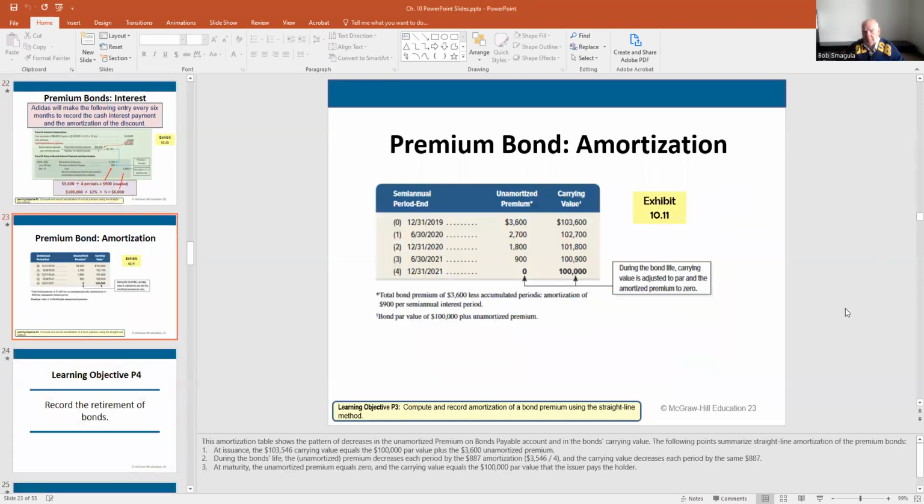And here they're showing you the amortization, just like they did with the premium, with the discount. Premium. We had a premium to begin with of $3,600, right?